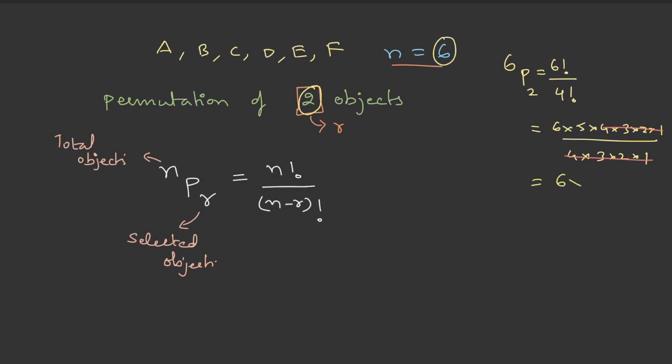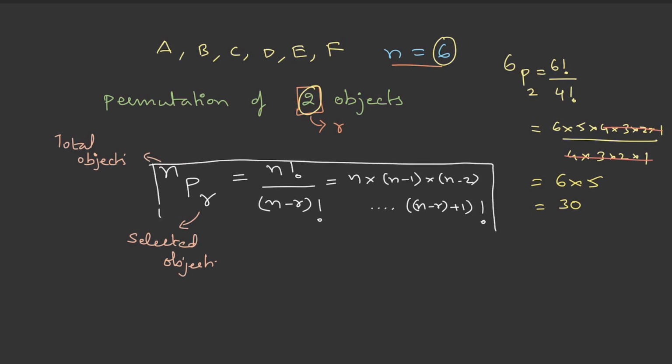So this is basically 6 into 5, that is 30. On similar lines, when we expand this, this is basically n into n minus 1 into n minus 2, and so on. We just expand that till n minus r plus 1. This is an important formula. You need to memorize this.